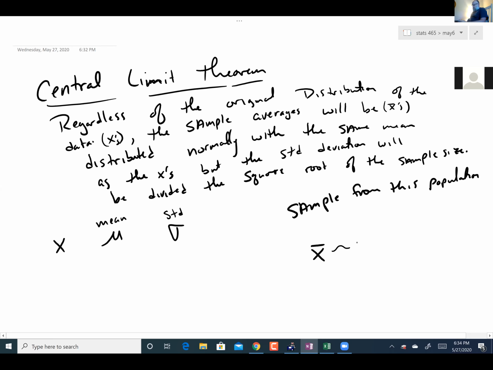X bars will be distributed normally, so we use N for normal. If you want fancy things, you write bino if you mean binomial, geo if you mean geometric, but N is the universal for normal. You'll have the same mean that we did over here, but the standard deviation will be divided by the square root of the sample size.